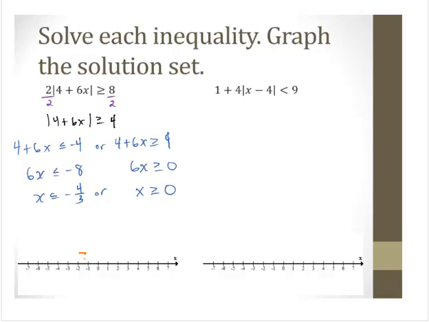So I'd put a bracket at negative 1 1/3, and I'll shade to the left. And I'll put a bracket at x equals 0 and shade to the right. The interval notation would be parenthesis, negative infinity, comma, negative 4/3, bracket, union, bracket, 0, comma, infinity.